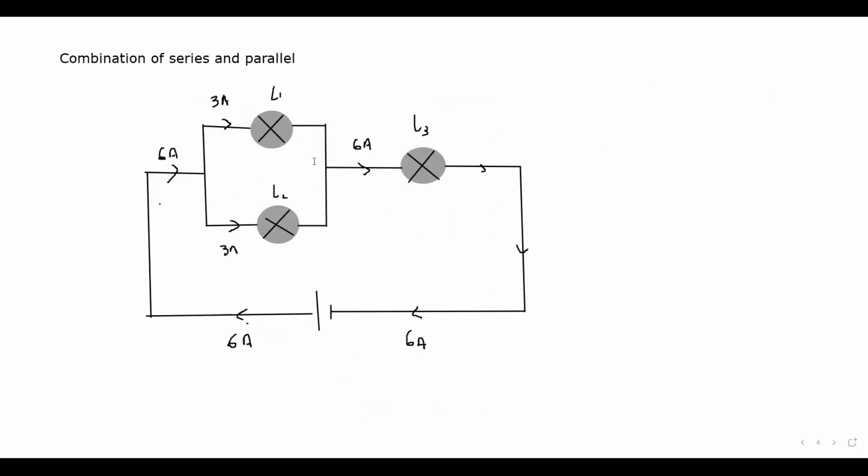Same way, we have lamp 1, lamp 2, and lamp 3, and I want to connect an ammeter to measure current in L3. Use the screen annotation to mention the position of the ammeter.